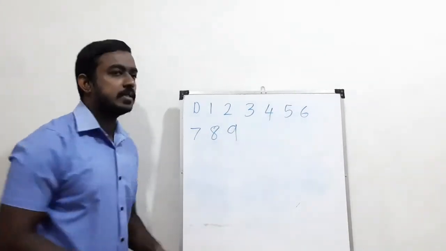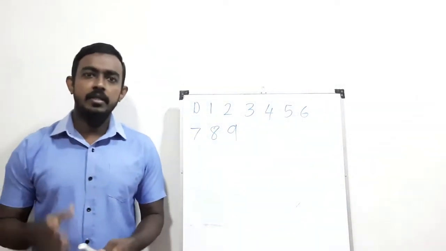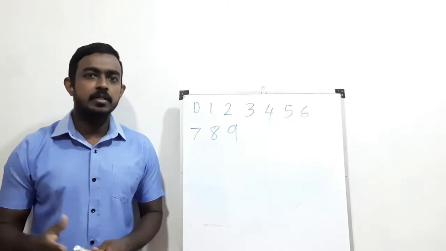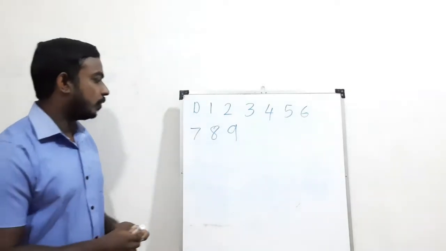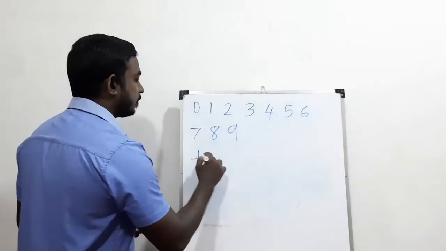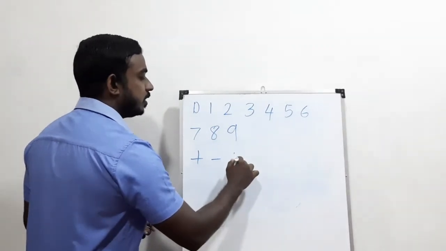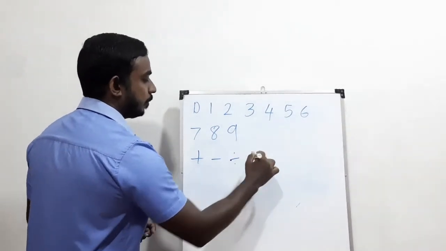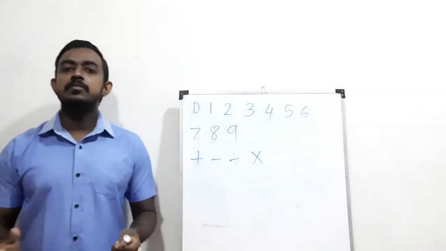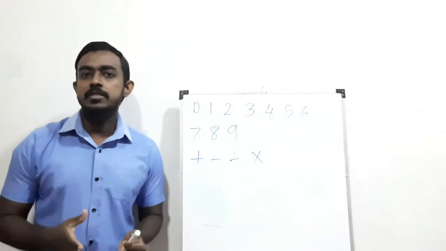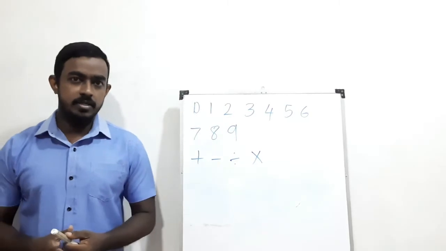They are known as numbers and they are also symbols to represent numbers. And you know these types of symbols too: plus, minus, division and multiplication. These are known as the symbols of mathematical operations.